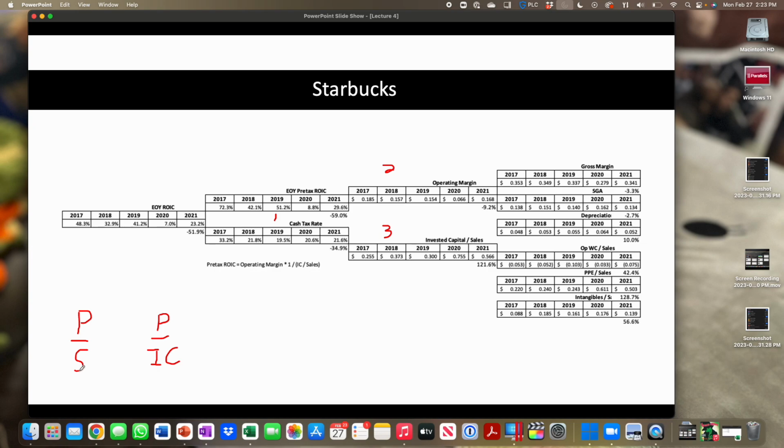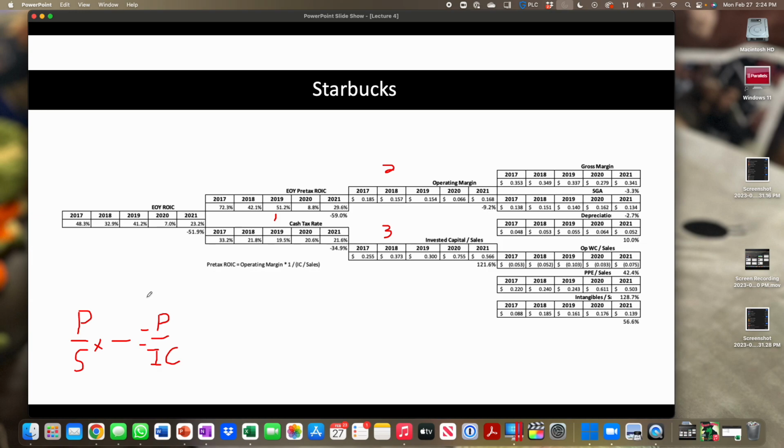Okay? So just conceptually, let's go back to 9th grade. Some of you might have done this in 8th grade. But basically, you multiply P over S by blank over blank, and then you get P over IC. So if I wanted to connect P over S to P over IC, what would I multiply it by? P over S times what?